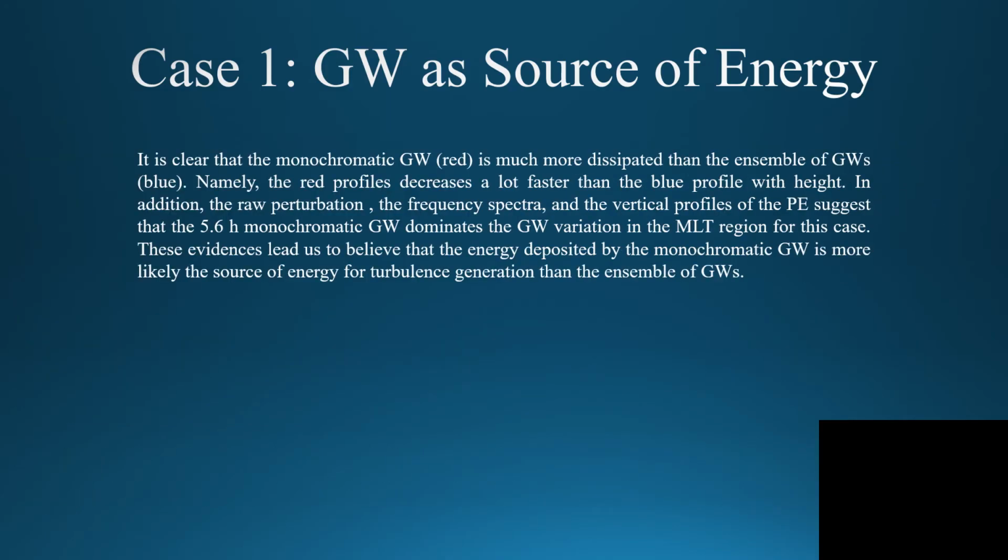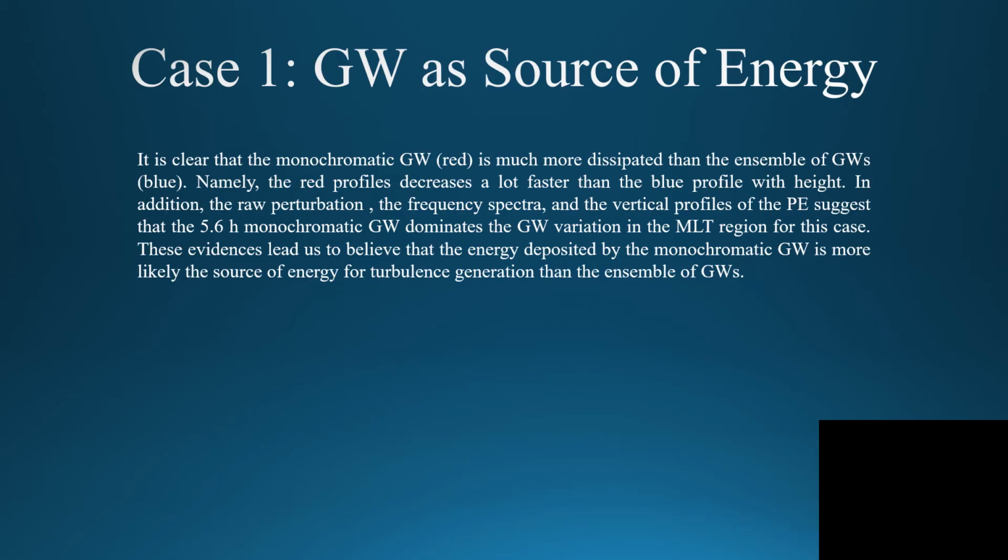So, comparing the two profiles in the last slides, it is very clear that the monochromatic wave is much more dissipated than the ensemble of gravity waves. In addition, as we can see in the previous slides, both the raw perturbation and the frequency spectrum show that the 5.6 hour monochromatic wave dominates the gravity wave variation in the MLT region for this case.